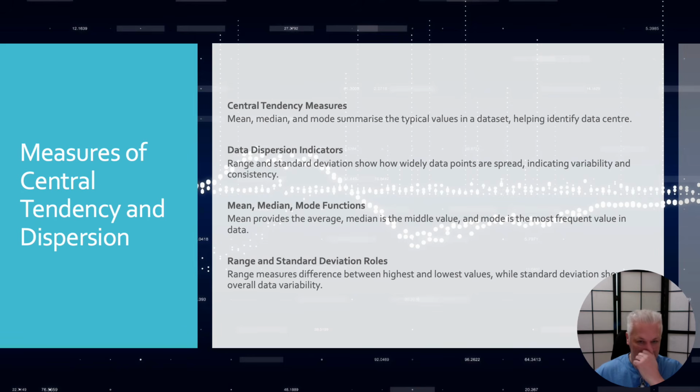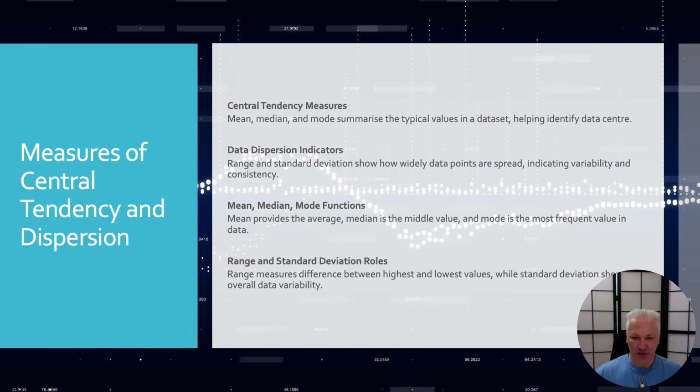Measures of central tendency and dispersion. So in psychology, researchers often collect numerical data, and to make sense of this data, measures of central tendency and dispersion are used to describe patterns within the data set.